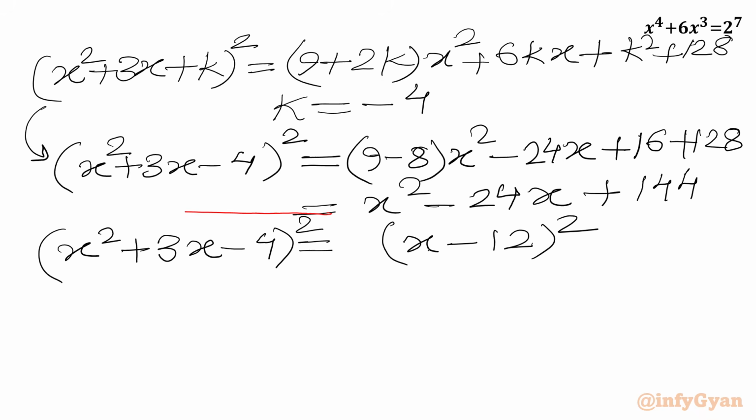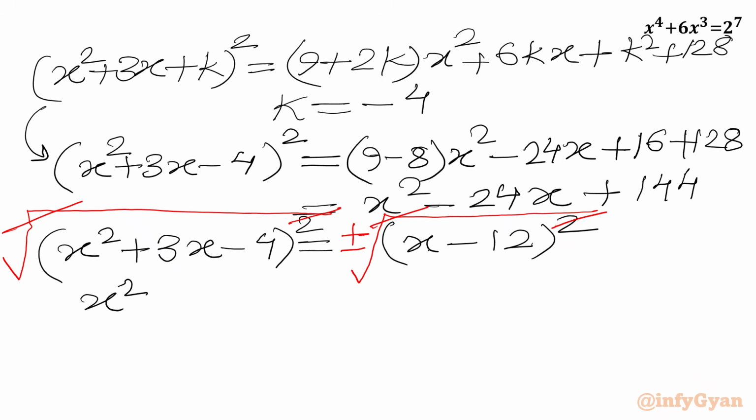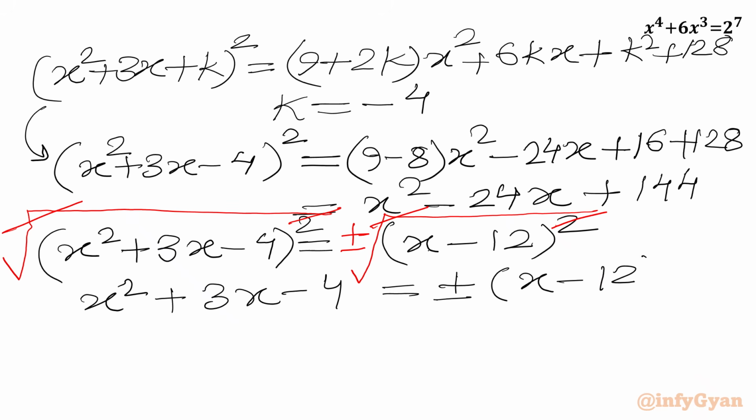So I will put the symbol of a square root over here, and over here. Then I need to write the plus minus sign. Now I will cancel the square root and square from both the sides. So there will be x square plus 3x minus 4 in the left hand side, and in the right hand side plus minus x minus 12. So we can write two equations from here.